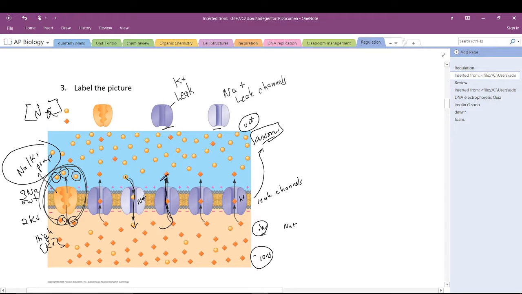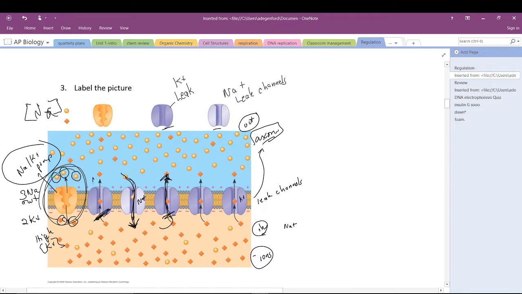Potassium's going to go through to the outside, sodium's going to drift through to the inside. And what this does is create an interesting dynamic here. It's kind of constantly in flux, but what the axon always does is maintain this difference.